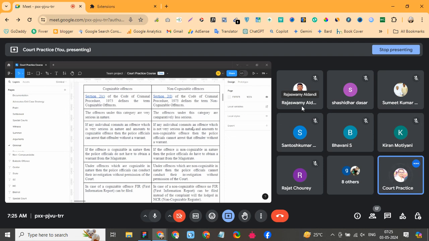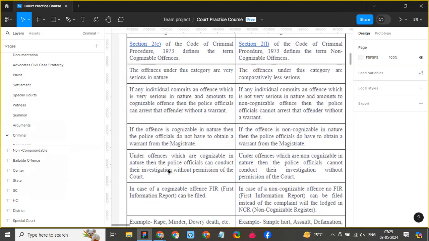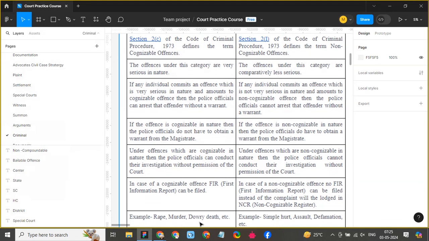That means the police can take cognizance of that offense without taking prior permission from the magistrate court or any other court. Many serious offenses are in this category, for example rape, murder, dowry death, etc.